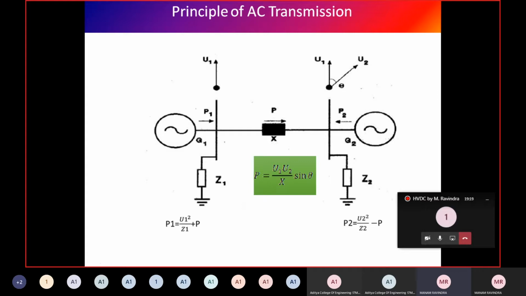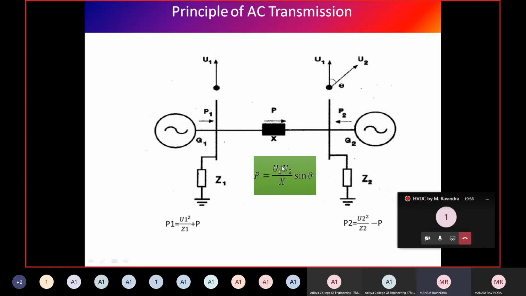Now, to calculate the power transmitted through the transmission line, at P1, how to calculate it: P1 is U1 squared by Z1 plus P, which we considered here, and P is equal to U1 U2 by X sin theta.